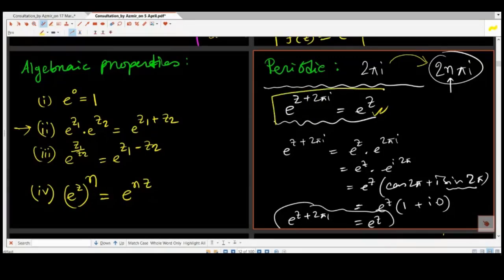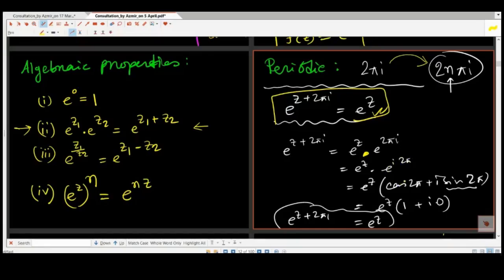So, we can verify this one. If we have e to the z plus 2 pi i, we can write e to the z times e to the 2 pi i by using the second property. Then we have e to the 2 pi i as e to the i 2 pi, so e to the i theta.